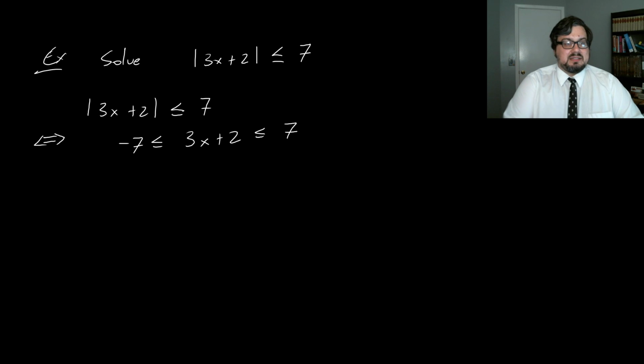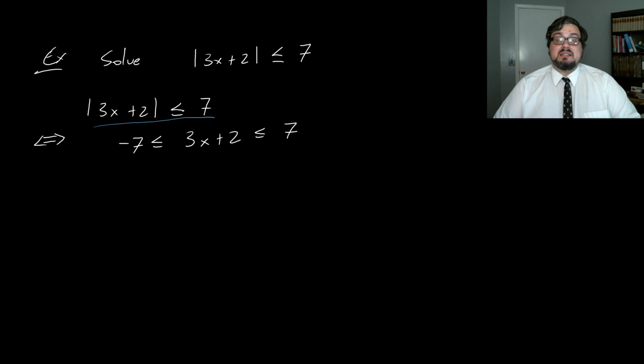Because this inequality is saying that the quantity 3x plus 2 is at most 7 units away from 0 on the number line. And that's given by this compound inequality here.